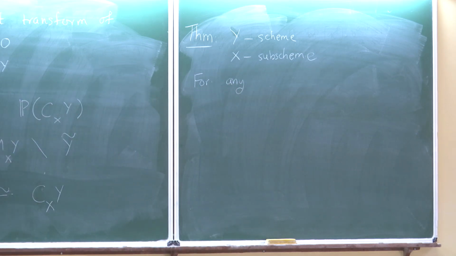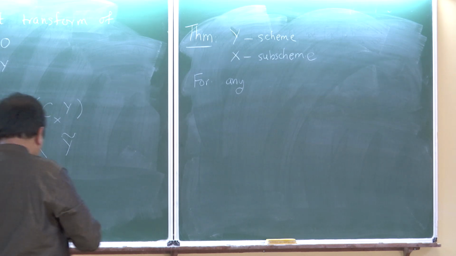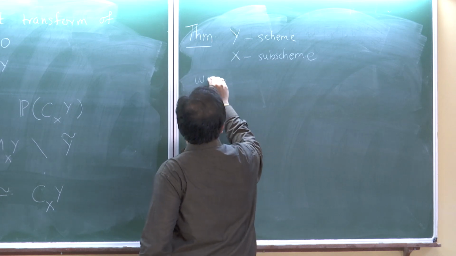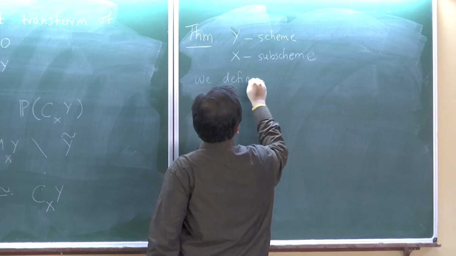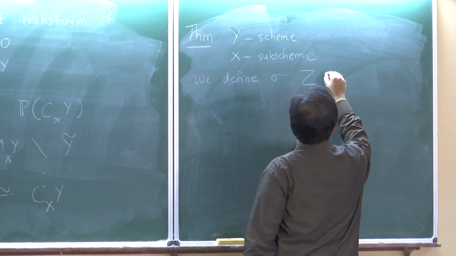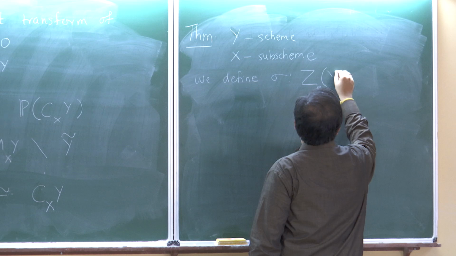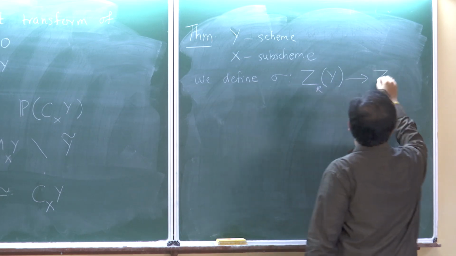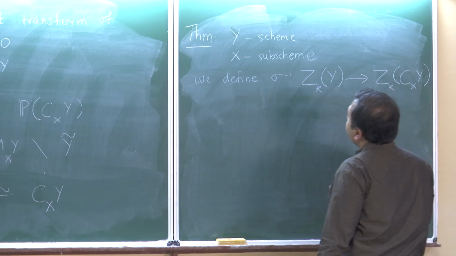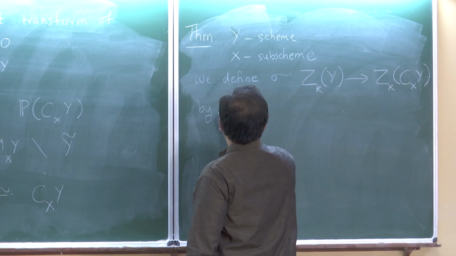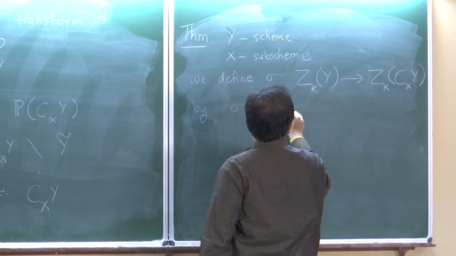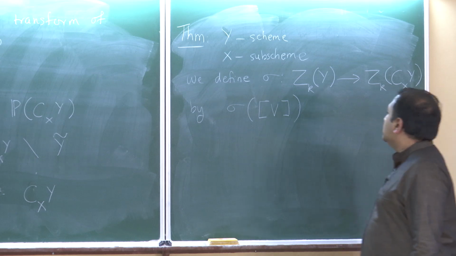What I will do is define a map sigma from the k-cycles on Y to the k-cycles in C_XY. We define this by sigma of, for any k-dimensional variety V, what should we do?